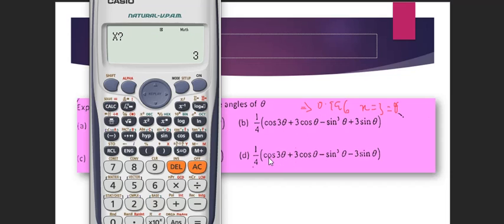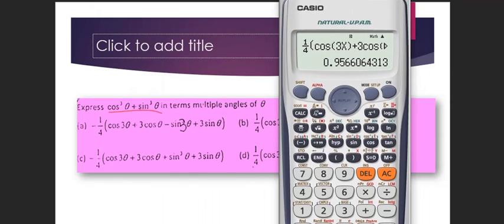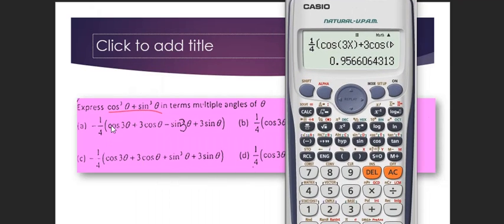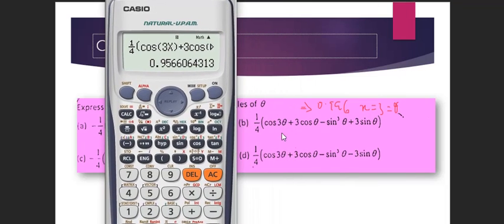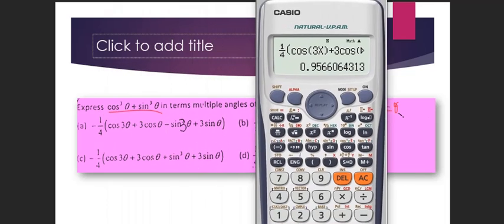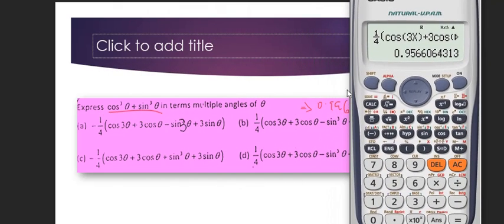Let's see whether option D corresponds to 0.996 by choosing our x value to be 3. You can notice that we had 0.956, which is very close to 0.996, because the other options will not give you any value close to 0.996. So our correct answer is option D.